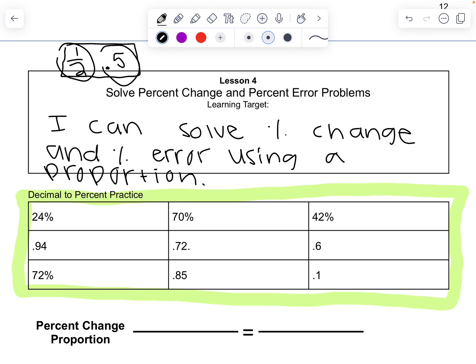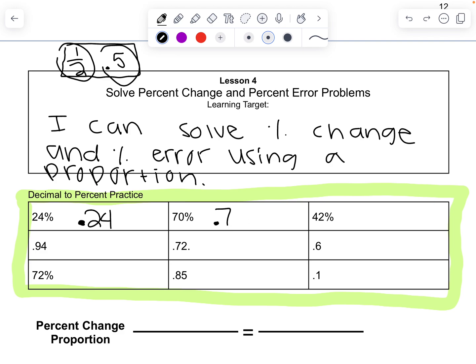So when you have something written in percent form, as in 24%, that is the same thing as 0.24. Same thing as 70% is the same thing as the decimal 0.70 or just 0.7.